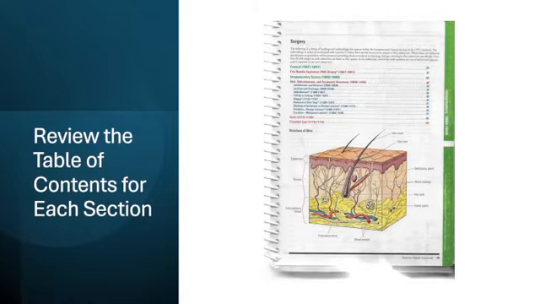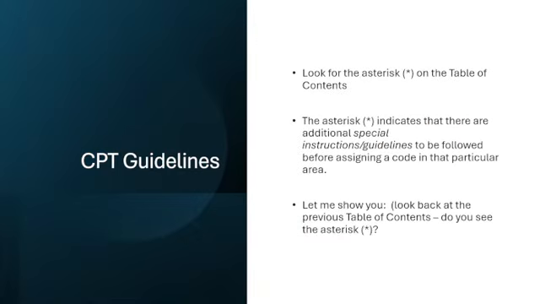Review the table of contents. Look for the asterisk on the table of contents. The asterisk indicates that there are additional special instructions or guidelines to be followed before assigning a code in that particular area. Aren't those guidelines?